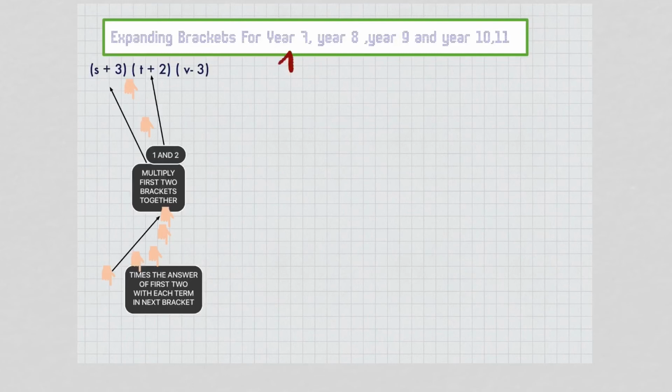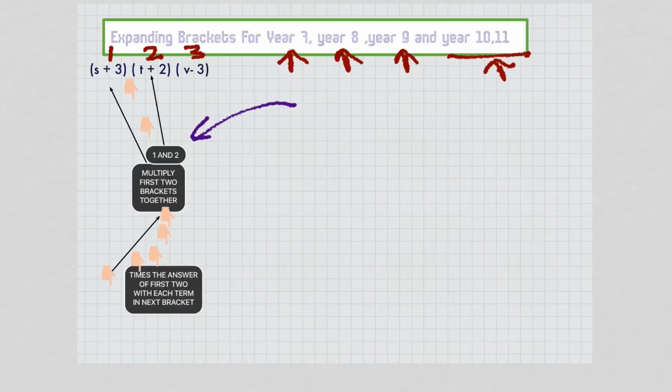These are also for year 7, year 8, year 9, and GCSE students as well. If you have got more than 2 brackets, where we have 1, 2, and 3 brackets, what we would do is, there are 2 steps.